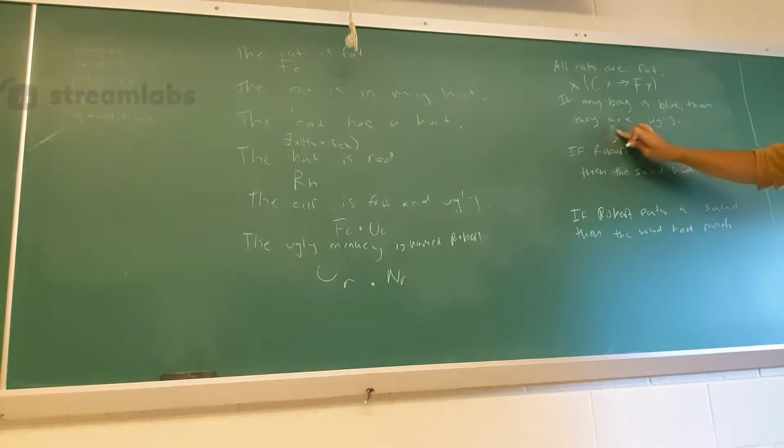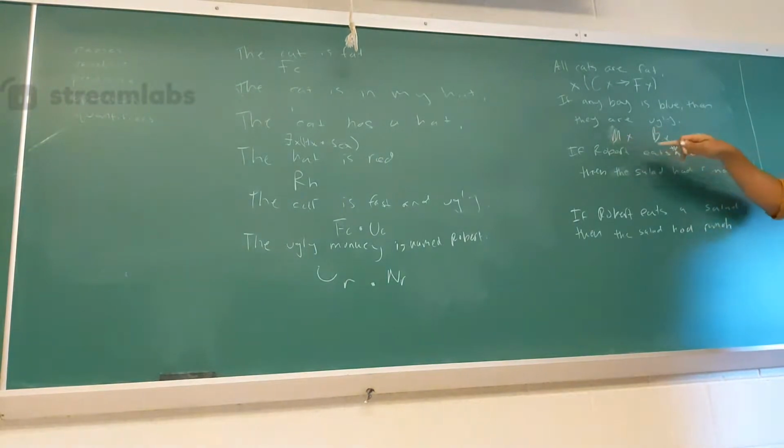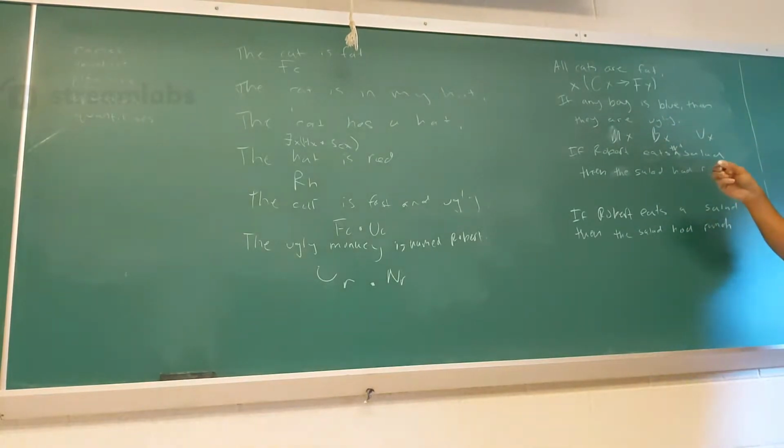I'm going to put M. Although boy is a gender thing, M is a sex thing, so don't cancel me for getting those two things confused, please. It's just for the symbols. Okay, so x is a boy, x is blue, then they're ugly. How do I connect these things together?